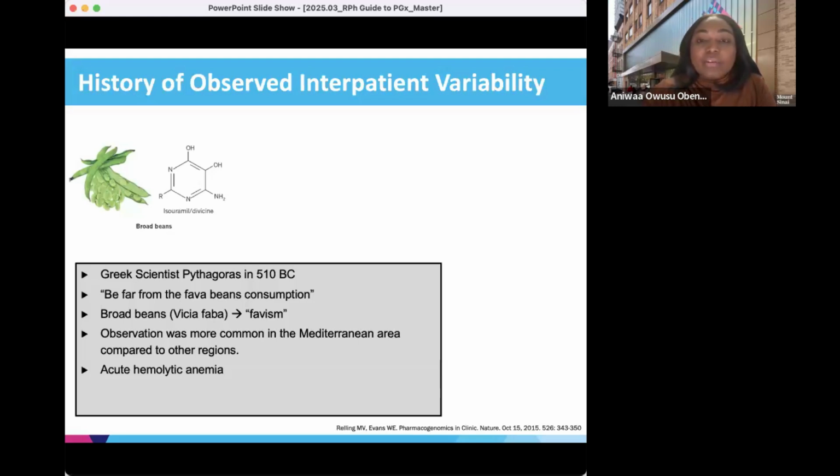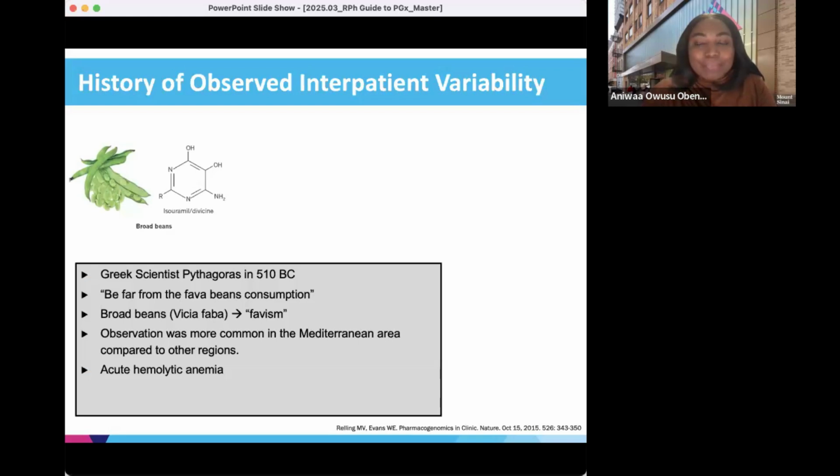He observed that there were individuals who would take this not medication but food, and they would not do so well on it, while the majority of the people were doing okay. In fact, there were people experiencing what we now call hemolytic anemia from eating or ingesting fava beans.